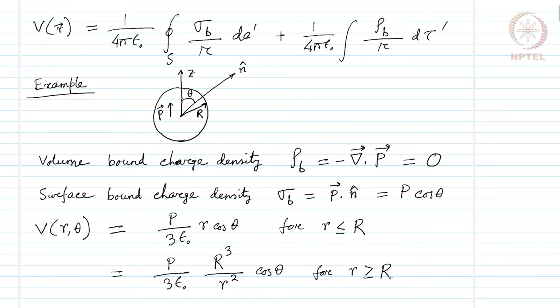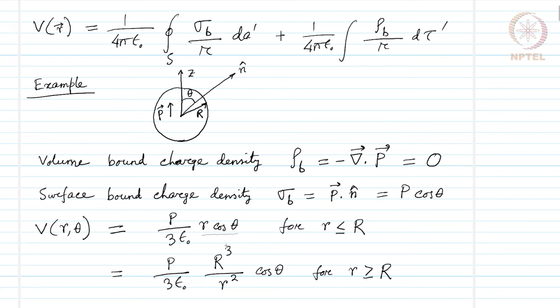Now, since r cos theta equals z, the field inside the sphere becomes uniform. Inside the sphere we have r cos theta, and if we put z for that and take the gradient of this potential, we get a constant field along the z direction. So, the electric field inside becomes uniform. Let us work out what I am talking about.